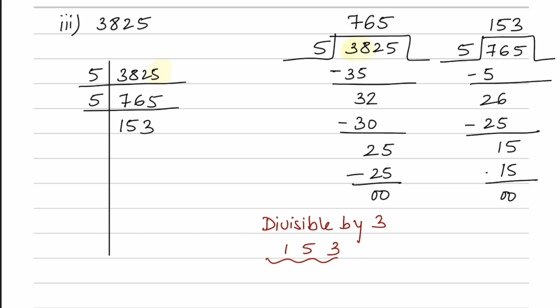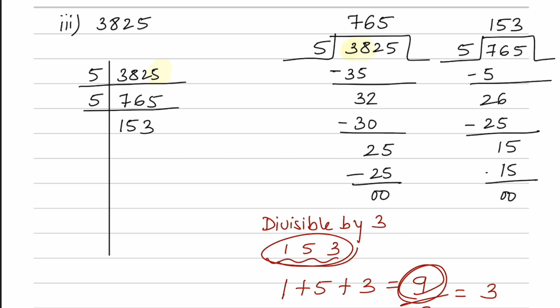You add all the digits up, that is 1 plus 5 plus 3. This will end up giving you 9. Now we know that 9 is divisible by 3, right? Because if you divide 9 by 3, the answer is 3. Therefore, since the digit sum is divisible by 3, this number will also be divisible by 3.